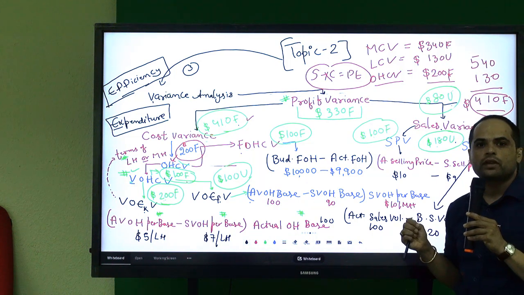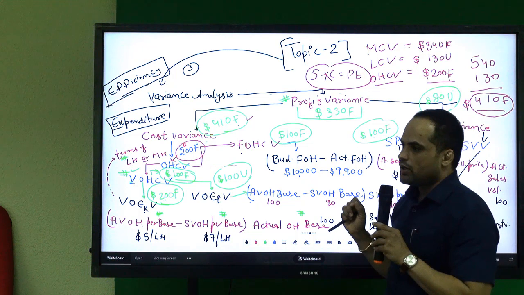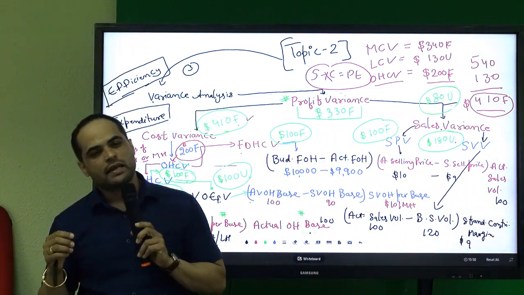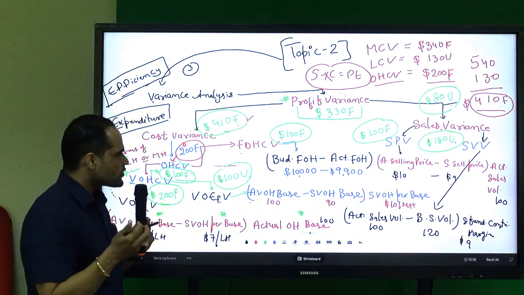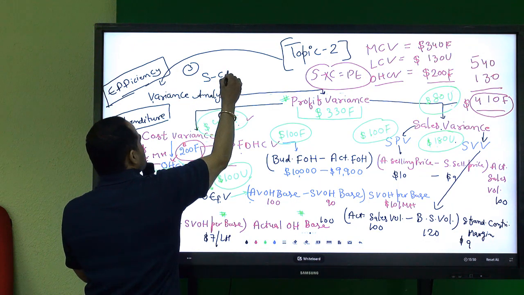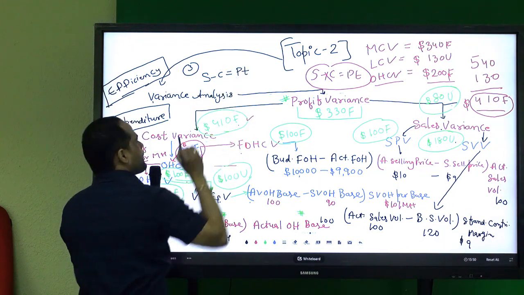So that's all. One more thing I would like to inform you about, where most students make mistakes, because most students know that sales minus cost is profit.